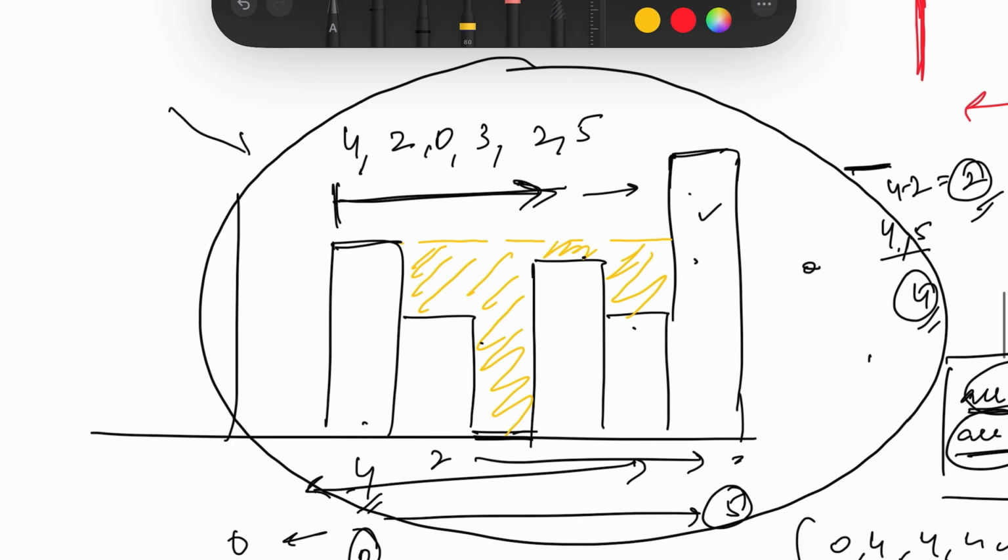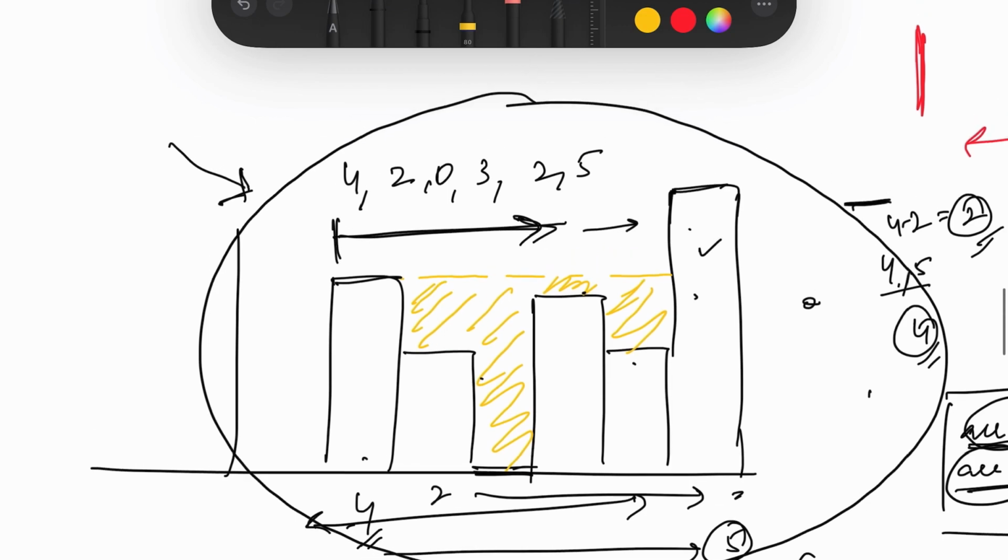In this example, you must have noticed that for every tower, the maximum height on the right side is of this tower, right? So if we already know the maximum height on the right side, then we can easily calculate the maximum height on the left side while iterating through left to right.